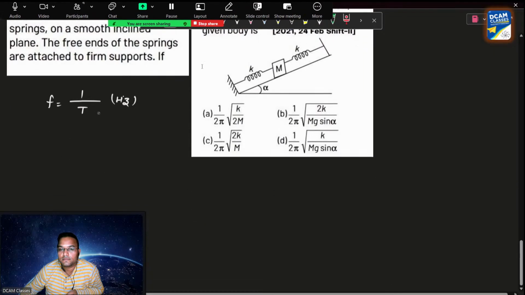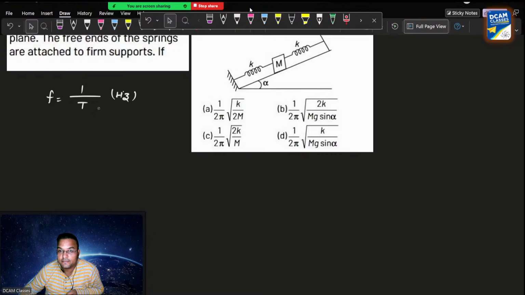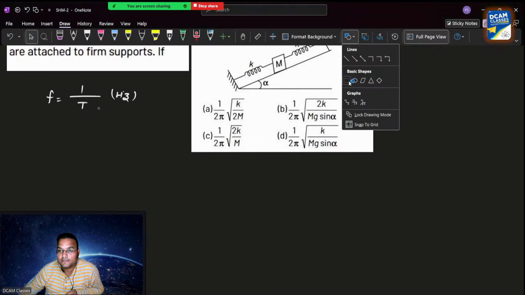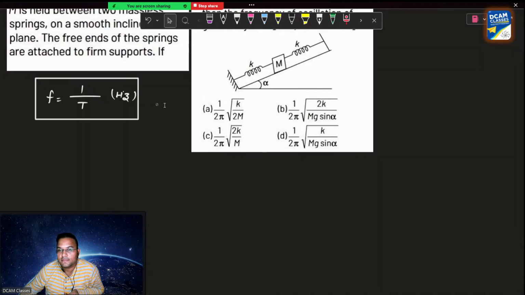Sir, option C. Guys, option C. Very good. Okay, I'm also getting this answer, but I just had one doubt. Gravity will be acting on the spring, so won't its mean position be a little downward, down the inclined line, I believe?